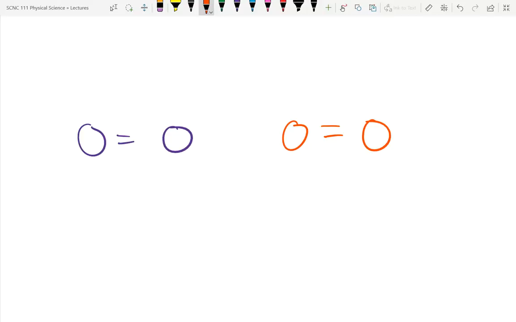Each one has an electron cloud around it. So each one has a negative exterior and a positive center. When I bring them close to each other, what are the negative charges going to do? Negative does what? Repels.